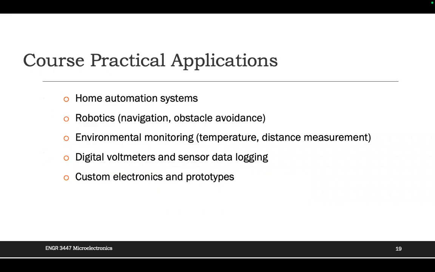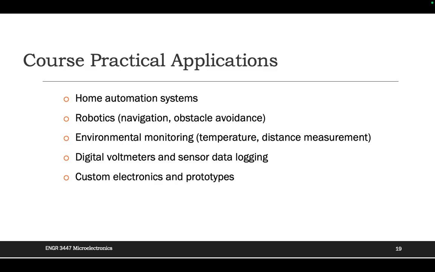For now we have learned some labs. Those labs are actually not complicated, but this is the first step for you. After this course, you can try to do home automation systems, and implement robot navigation and obstacle avoidance.